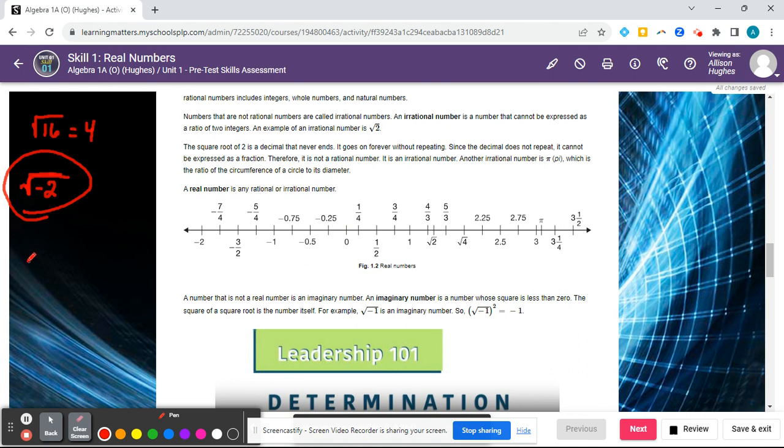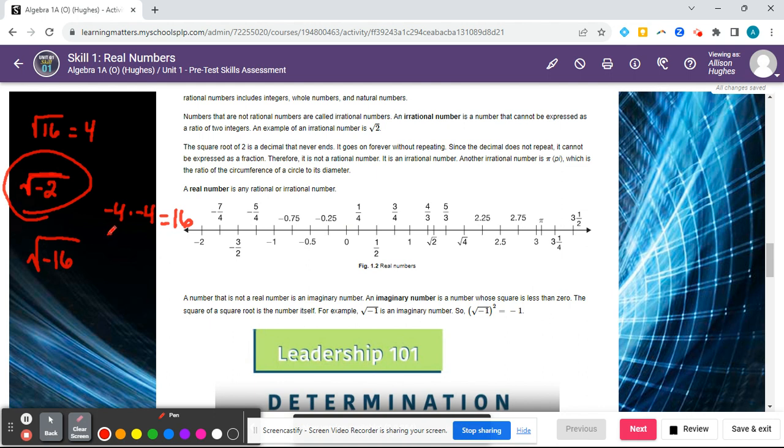Let's take a look at something similar to my first example. If we had negative 16, you can try and do negative 4 times negative 4. Negative 4 times negative 4 gives us a positive 16. Well, that's not negative.